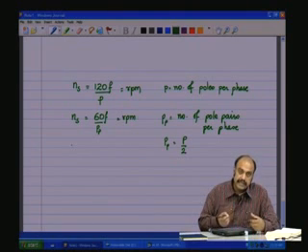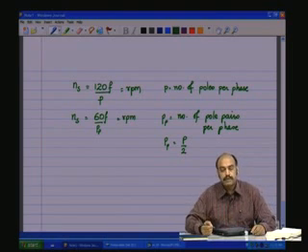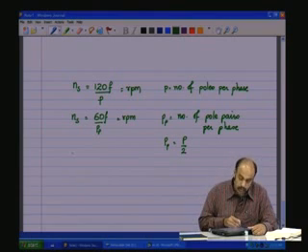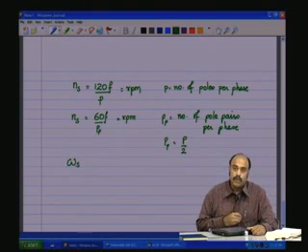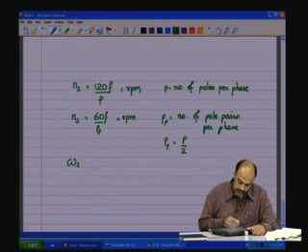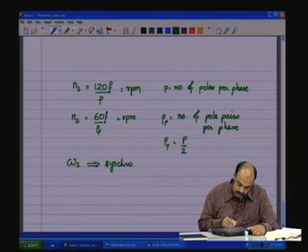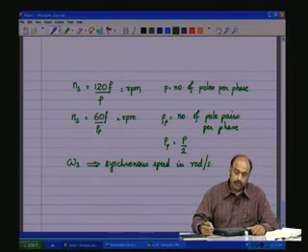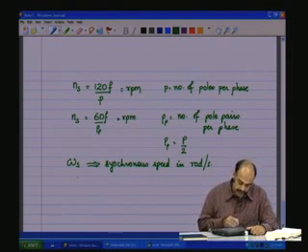Now the synchronous speed is also expressed in radians per second, because radians per second is the SI system of units, so you should know how it is converted. So in the SI system, omega S is the synchronous speed in radians per second.